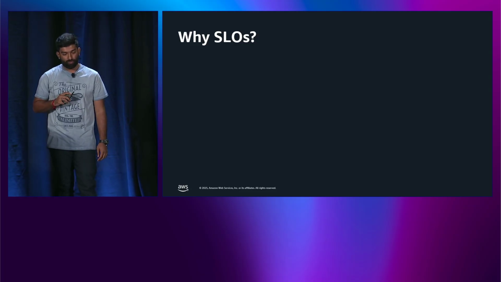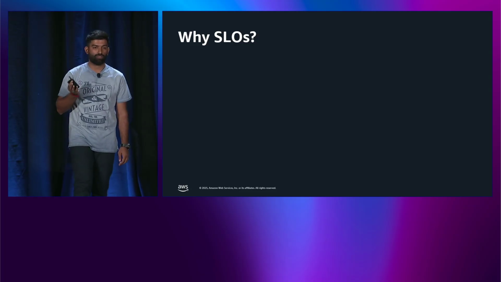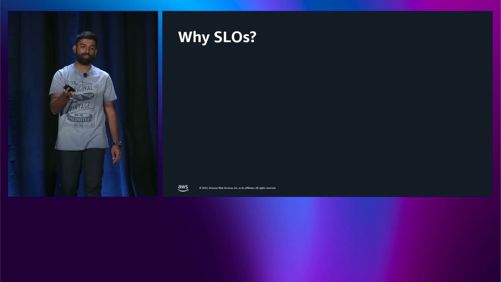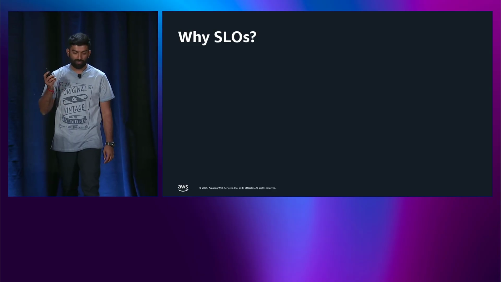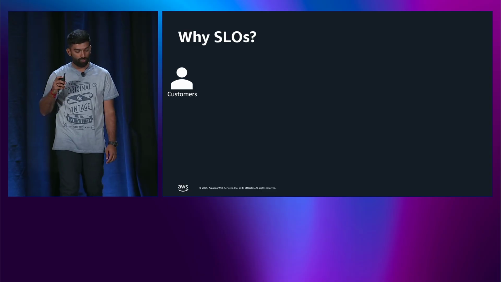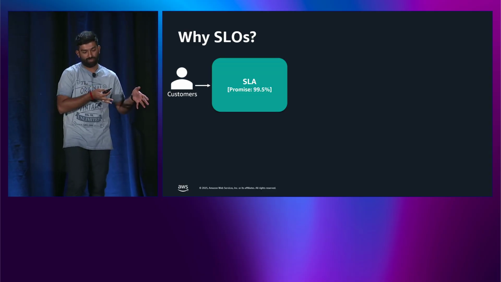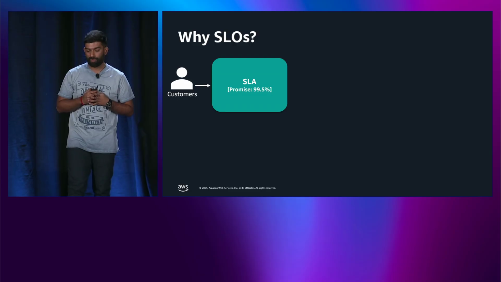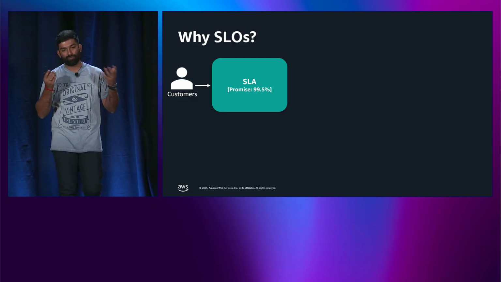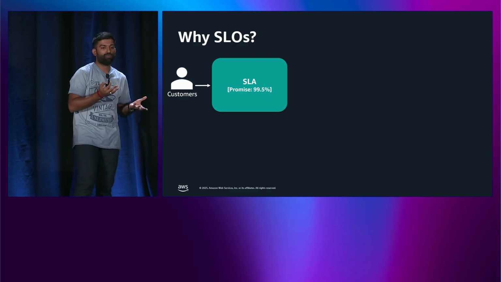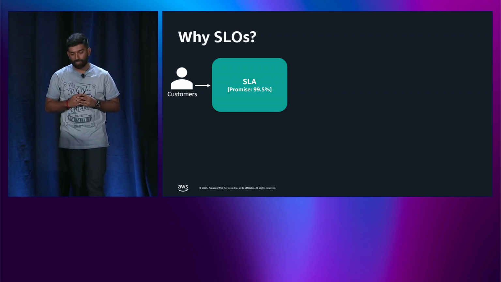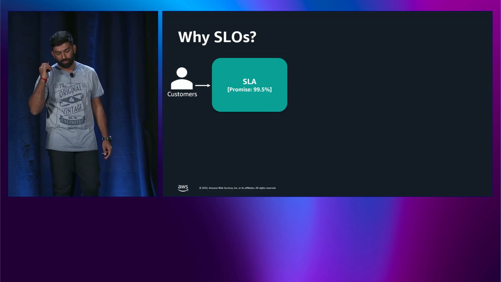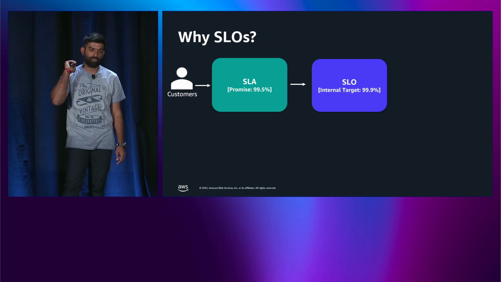When you're defining your SLOs, you always start with your end customers, like what they are expecting from your application or your platform. You start with that, and then you give a promise to them, like, hey, our platform would be up for 99.5% of the time. That's a promise that you're making, and if you're not able to meet that promise, we will give you some kind of credits. In order to achieve this promise that you're making to your customer, you define your service level objectives, right?